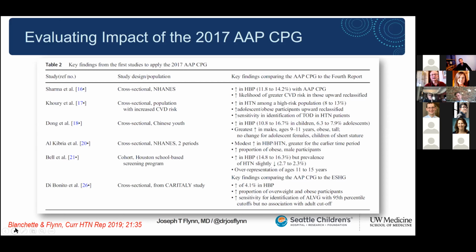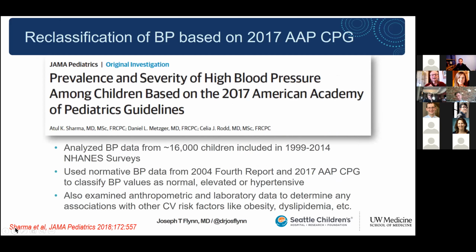So Sharma and colleagues went back to the more recent NHANES data, and they compared the prevalence of high blood pressure between using the fourth report normative data and the CPG normative data. They applied that to 16,000 children who had their blood pressure measured between 1999 and 2014 in the NHANES.